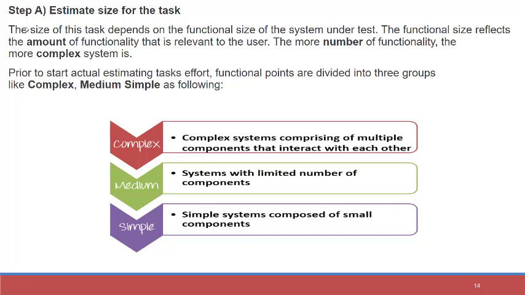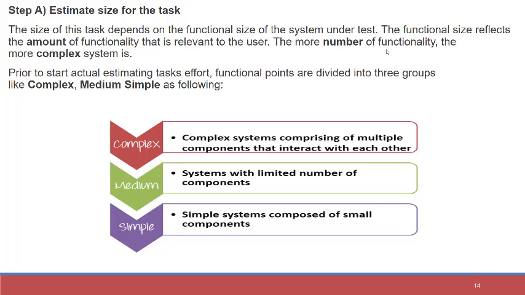Now, how do we find out the size of any task? We first categorize the tasks into complex, medium, and simple genres. The functional size of any task depends on the number of functionalities that particular task covers. Suppose one task covers a large number of functionalities, it will fall under the complex category.